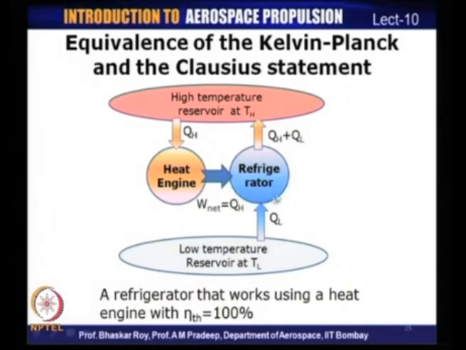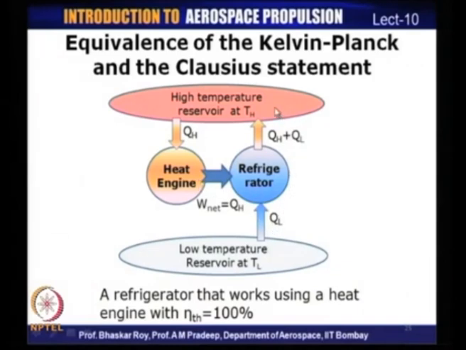Now, here we have a refrigerator which is transferring heat at QL from the low temperature reservoir, and using this net work output from the heat engine of QH, it transfers QH plus QL to the high temperature reservoir which is at TH. So, this refrigerator is using the work input from the heat engine. So, heat engine generates a net work output of W net equal to QH, and this work input goes into the refrigerator.